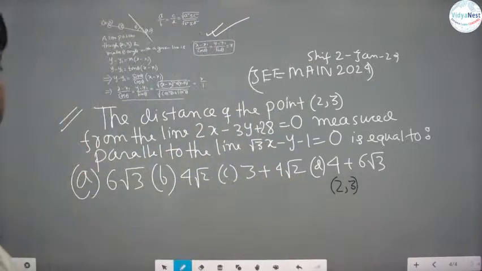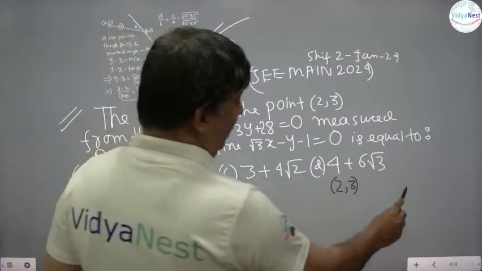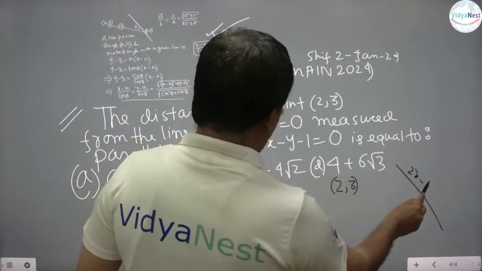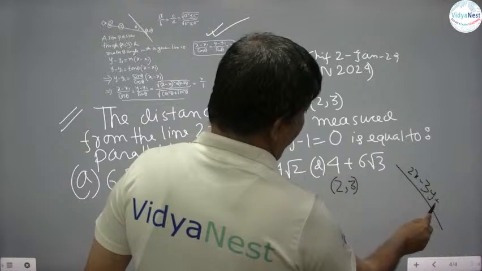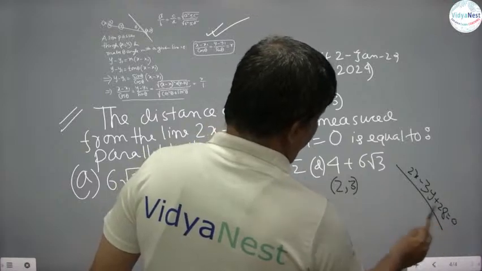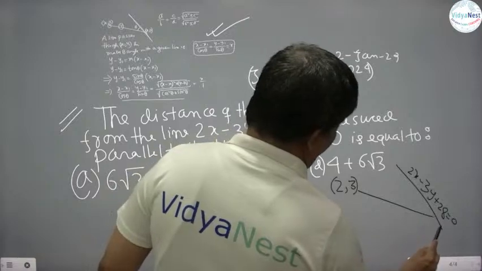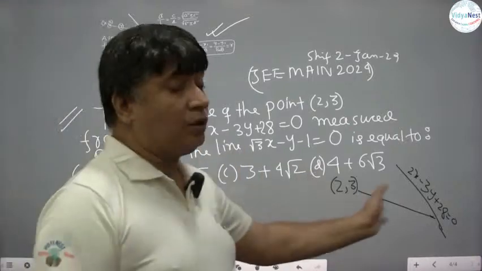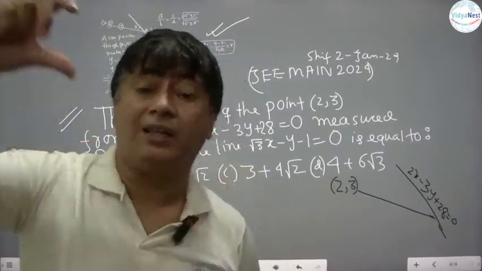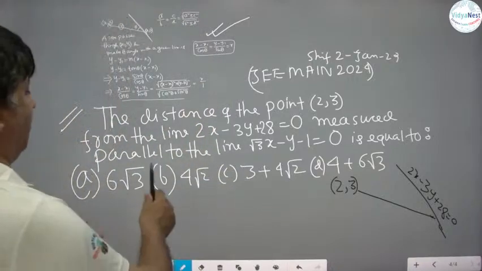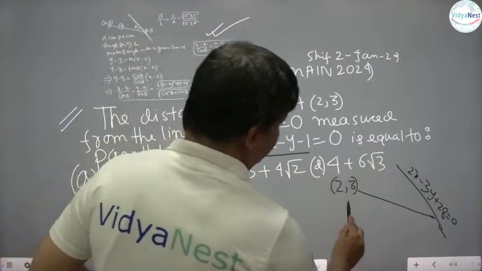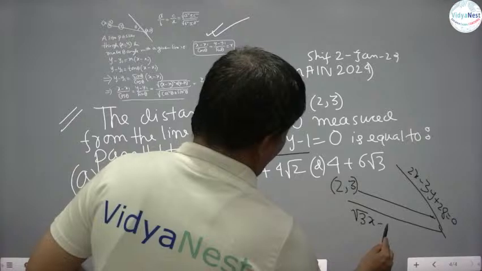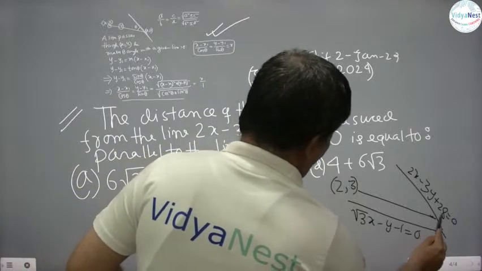Now, there is one arbitrary line that is given, 2x - 3y + 28 = 0, and we are to find the distance. Now that distance will be measured with respect to what direction? It is measured parallel to this, whose equation is root 3x - y - 1 = 0.